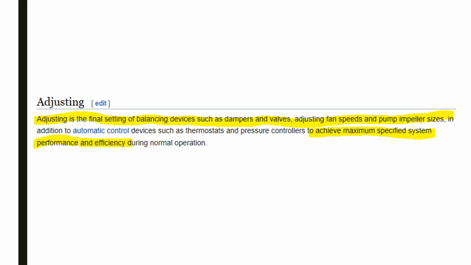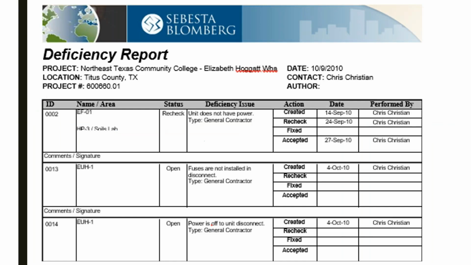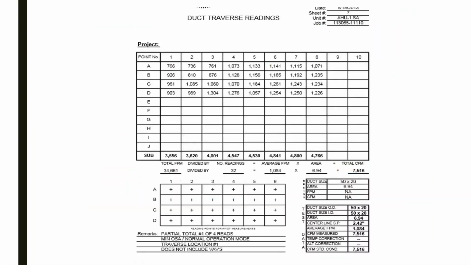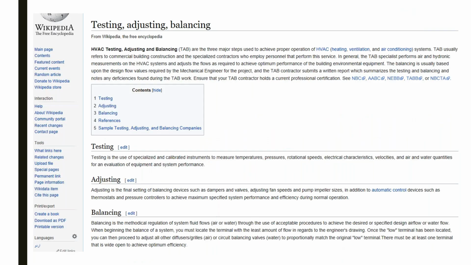So let's go back to the original premise of what the definitions are. If you say test, ASHRAE defines TAB work as the process of checking and adjusting all the environmental systems in a building to produce design objectives. To test is to determine the quantitative performance of the equipment.